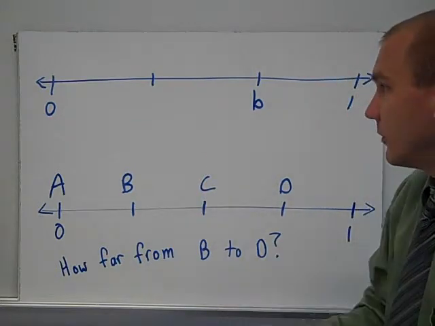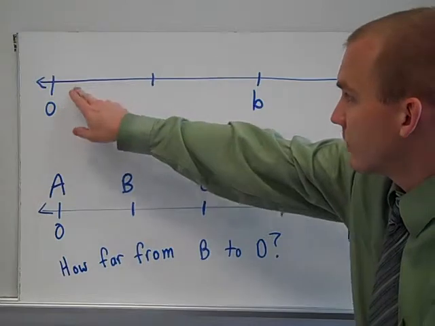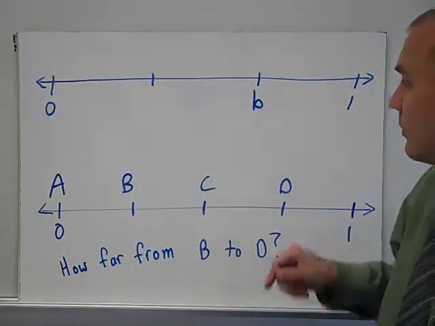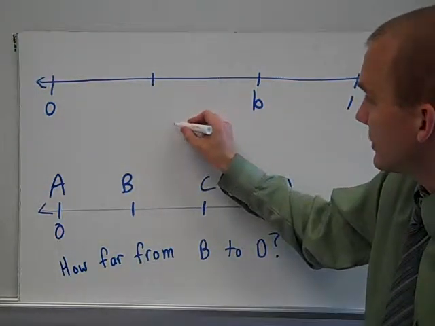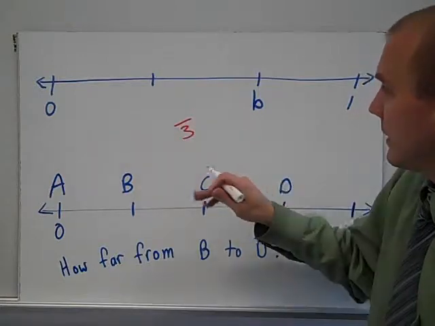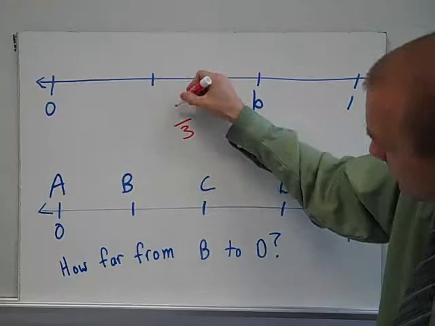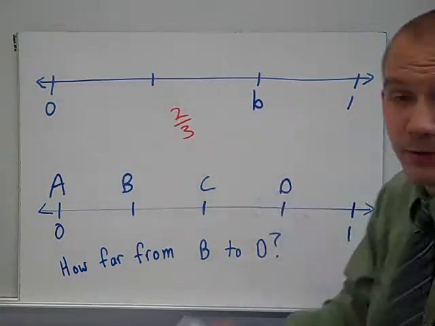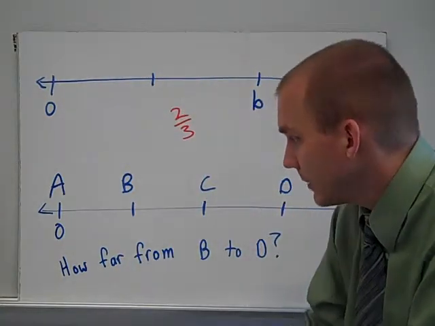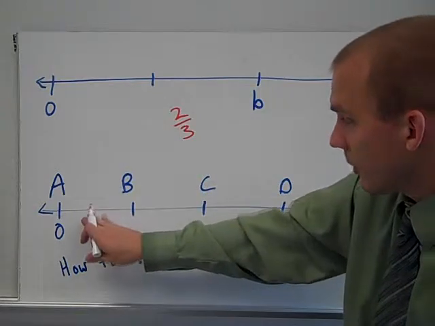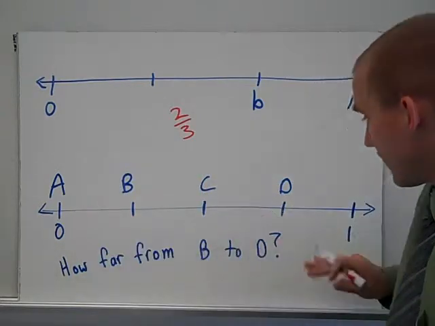Alright, let's go over the first one. Your number line is broken up into 1, 2, 3 equal parts, so your denominator is going to be thirds. Then you just count from 0: 1/3, 2/3. So B is 2/3. On the bottom, you have to figure out what fraction this is broken into.